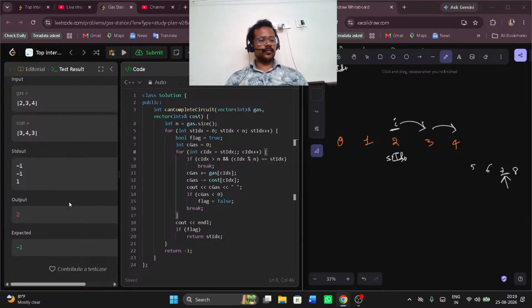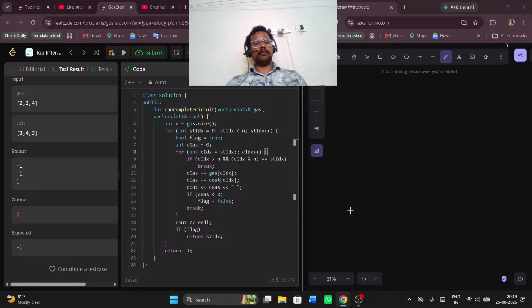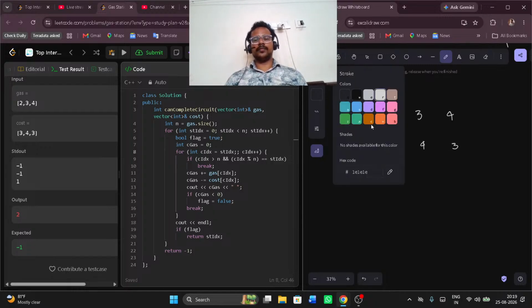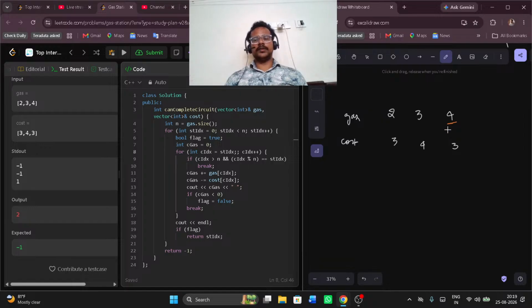Okay, let us check this. Gas is 1 2 3 4 5, and the cost is 3 4 5 1 2. Now I have this as the starting index, and the current gas is 0.